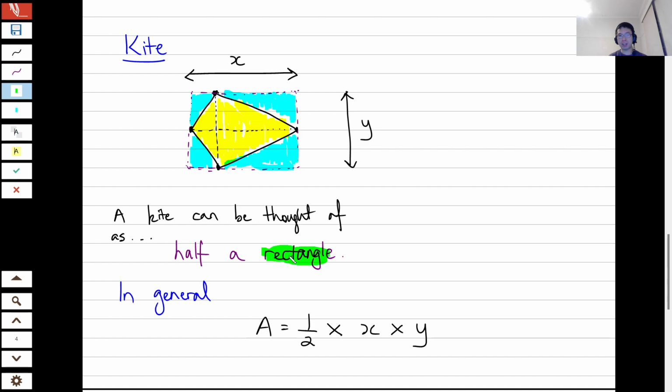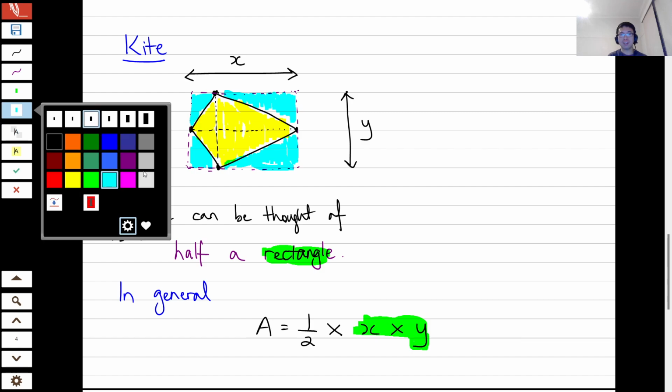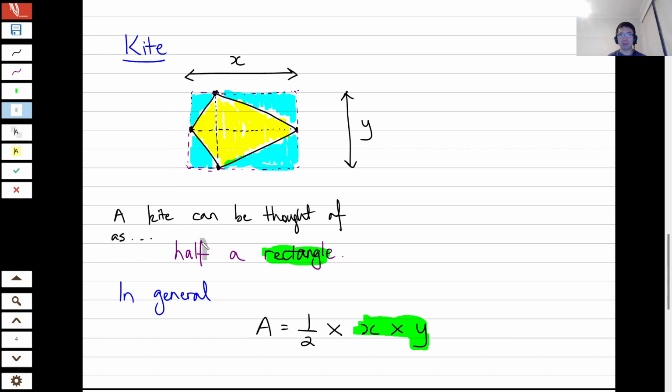So here's a rectangle with area x times y, and I multiply it by half because of the picture that I just showed you in blue and yellow, and that's what the half is for.